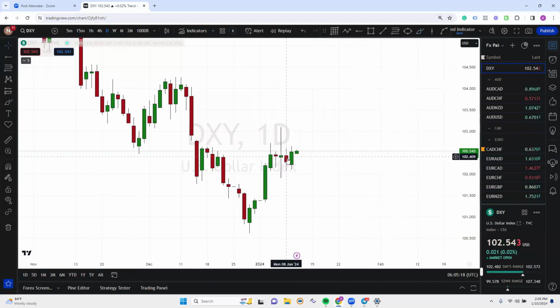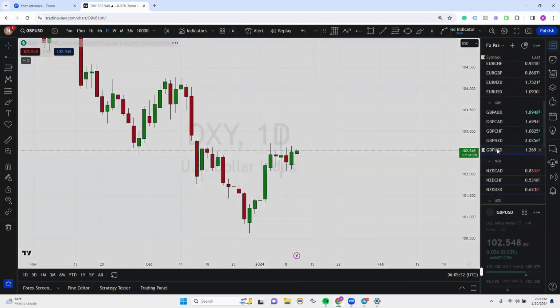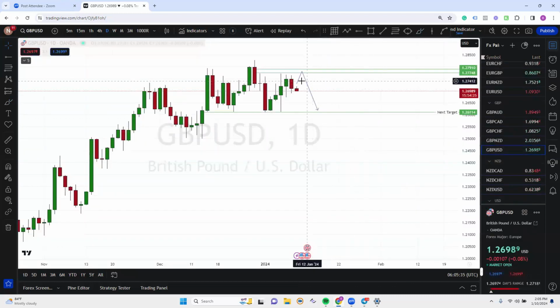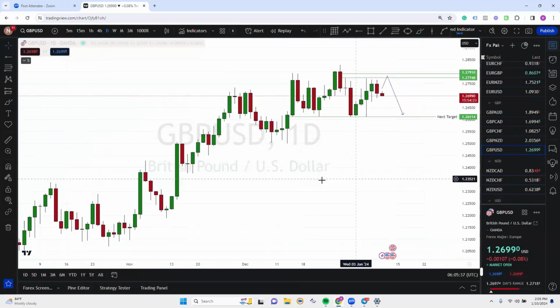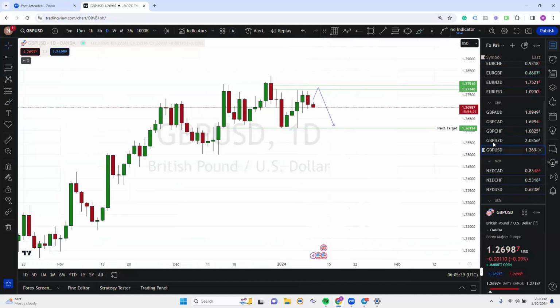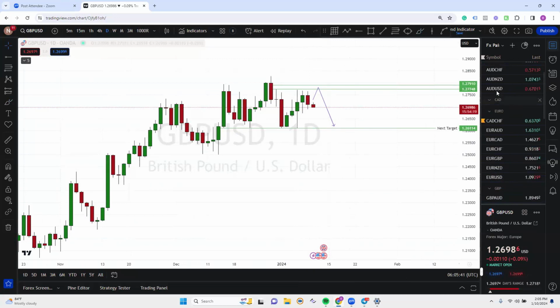But the fact that the price went down first further confirms my analysis should be right, that this week we are going to have another bullish week. So once I know that we're going to have a bullish week on the DXY, then I can start looking for opportunities on the majors to sell them. As I say, I'm looking to sell the majors: likewise pound dollar, euro dollar, and the Aussie dollar.